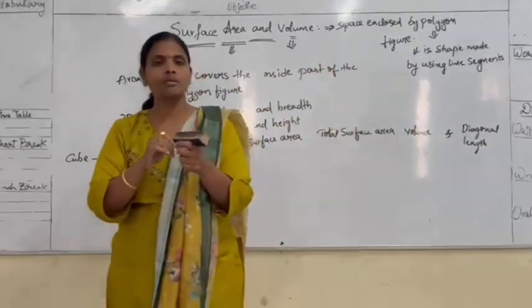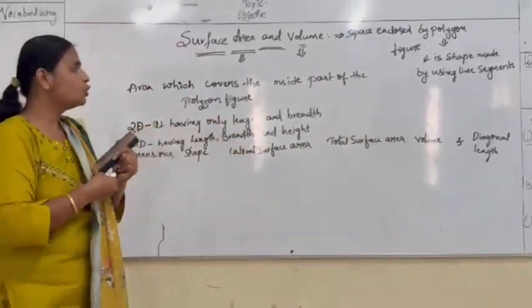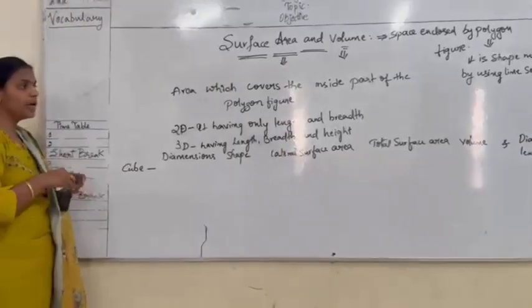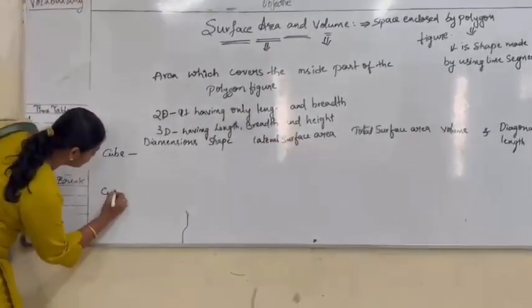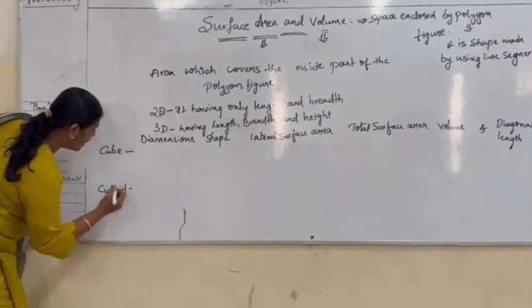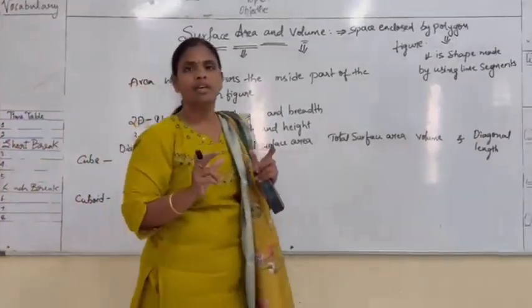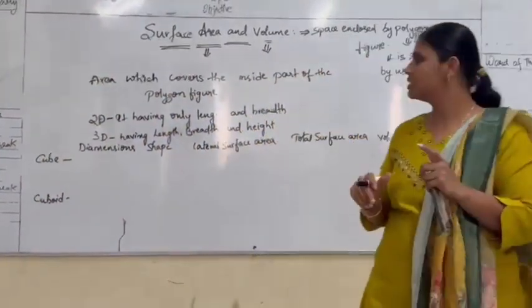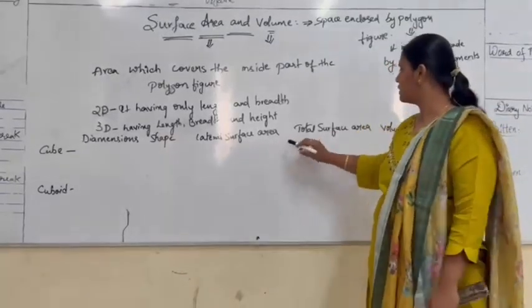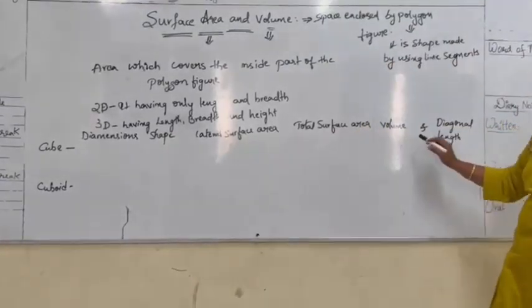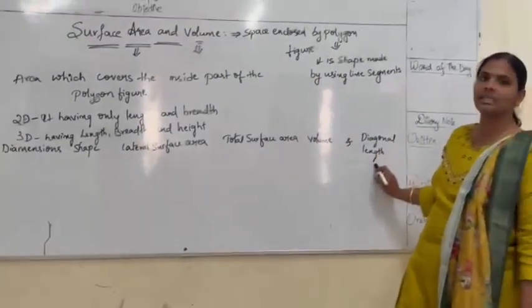Today I am going to explain how to write formulas for cube and cuboid. Why only cube and cuboid? Because these are the basic 3D figures through which we come across lateral surface area, total surface area, volume and diagonal length.